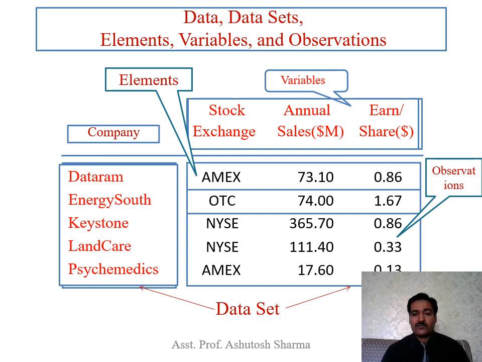So these two are the variables, and the values of these variables for different stock exchanges are the observations. So I hope that with this example easily you would have understood what are elements, what are variables, what are observations, and in this particular situation this data would be considered as data set.